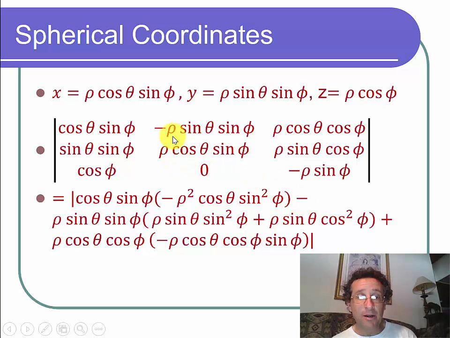Then I have my rho sine theta sine phi, and we have a rho sine theta sine squared phi, and then minus, then we have our rho sine theta cosine squared phi.